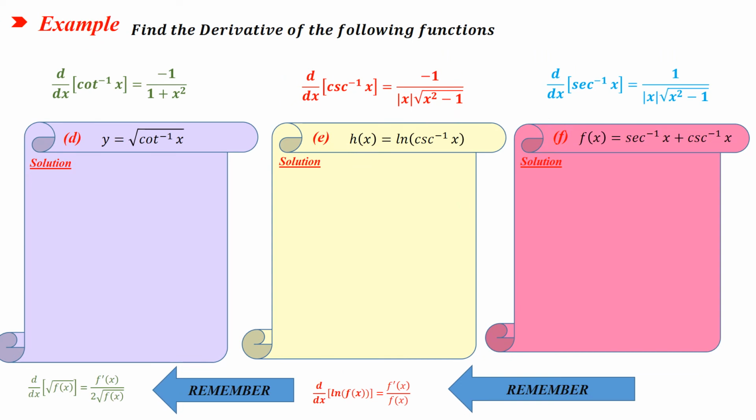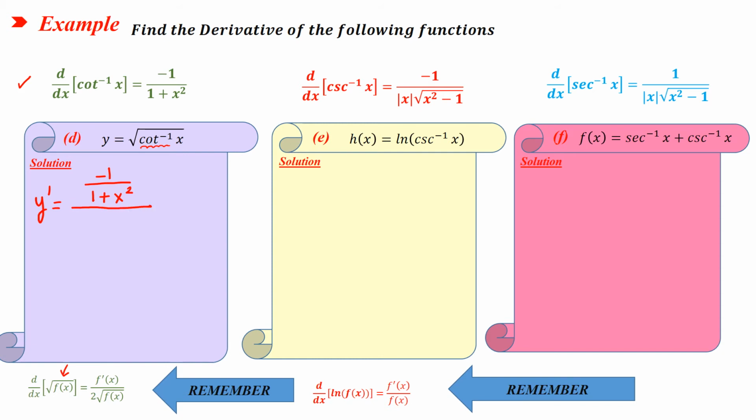In part D, we have y equals the square root of cotan inverse of x. And this is the rule of the derivative of cotan inverse of x. But here we have a square root, and the derivative of the square root of a function equals the derivative of the inside function divided by 2 times the same square root we have in the question. So y prime equals the derivative of the inside function, which is cotan inverse of x, negative 1 divided by 1 plus x squared.